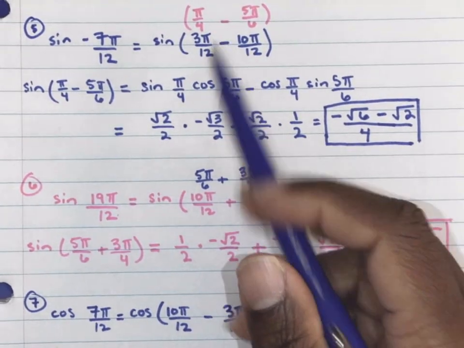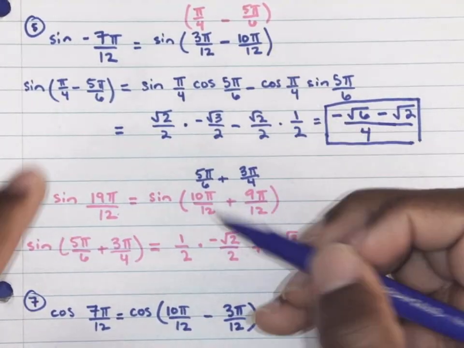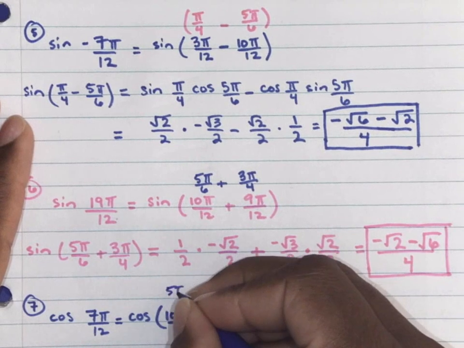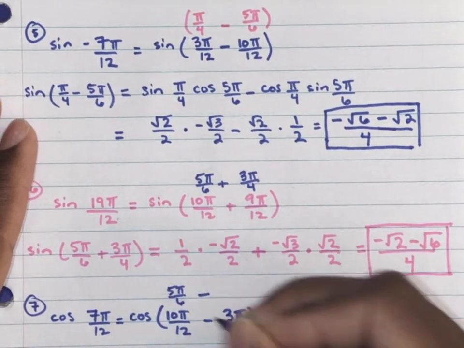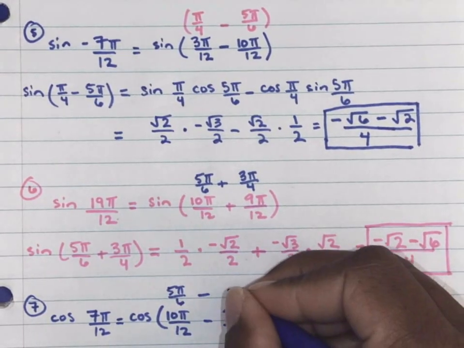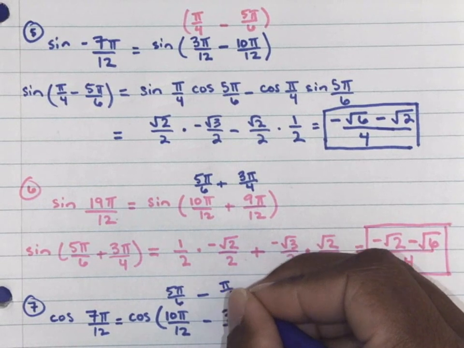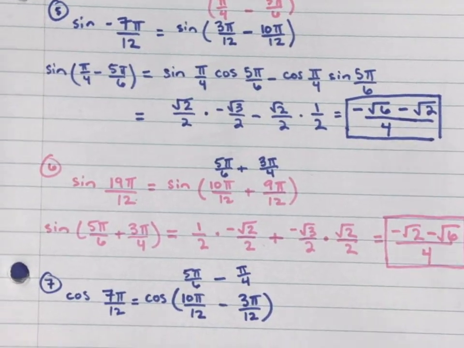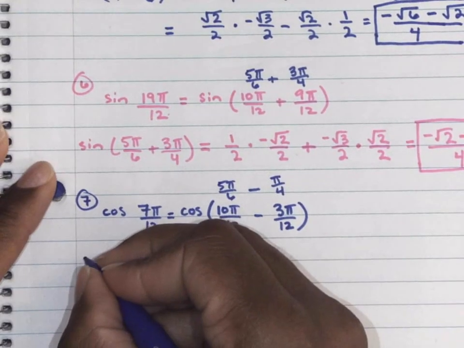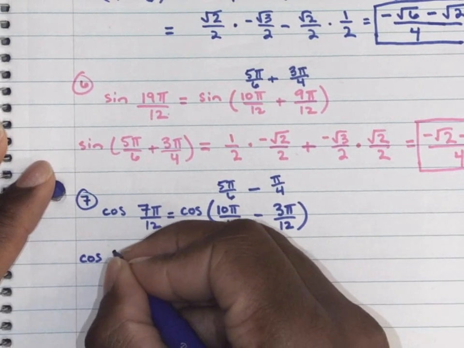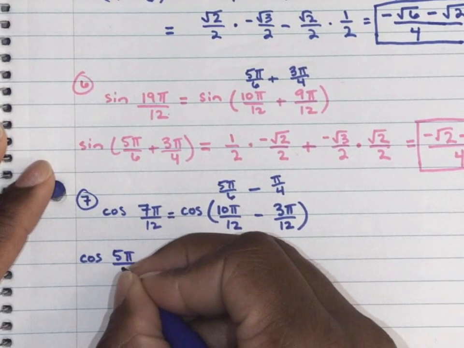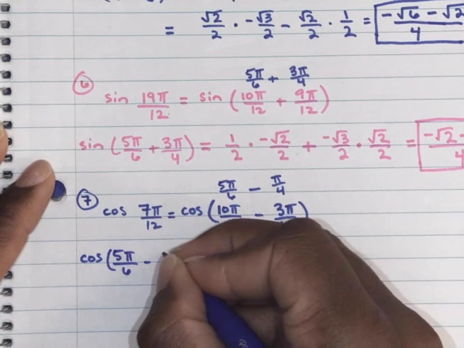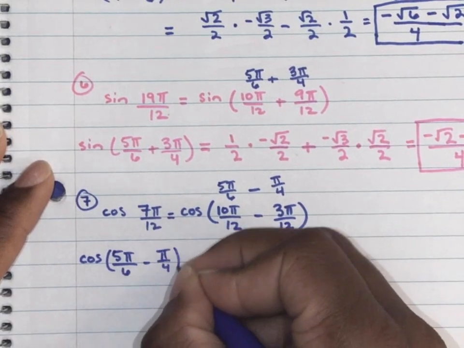And we've done these before. I know that 10 pi over 12 is 5 pi over 6, minus 3 pi over 12 is pi over 4. So these are the two angles we'll use. Cosine of 5 pi over 6 minus pi over 4.